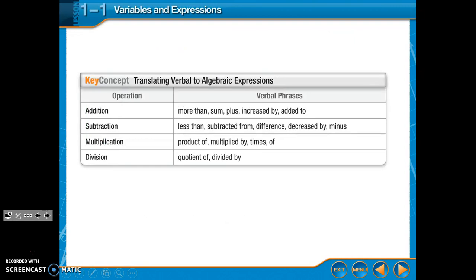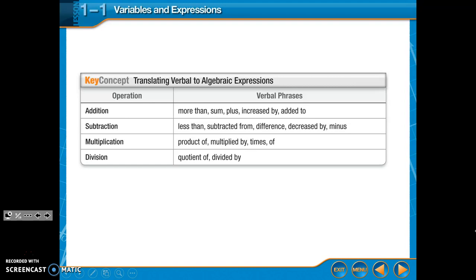Okay, so there are some key terms, key phrases that we can use to tell what operation we want to do, whether it be addition, subtraction, multiplication, or division. Some common ones for addition are more than, sum, plus, increased by, and added to. Common for subtraction are less than, subtracted from, difference, decreased by, and minus.